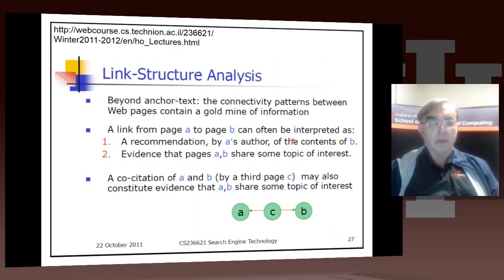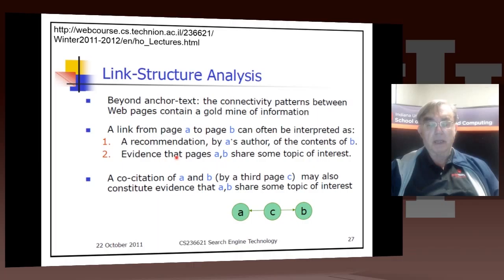So that is partly quantified in this slide here. As well as the anchor text, just what links to what is important. Because we're trying to find that when you type X, maybe you really meant Y, where X and Y are terms or phrases. And one way you can do that is, say for anchor text, we're going from page A to page B. So the idea of PageRank is that that's a recommendation of A's author that B is a great page.